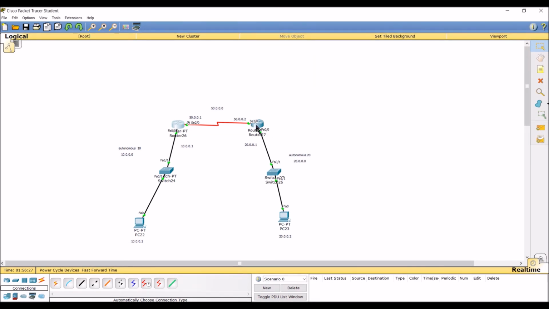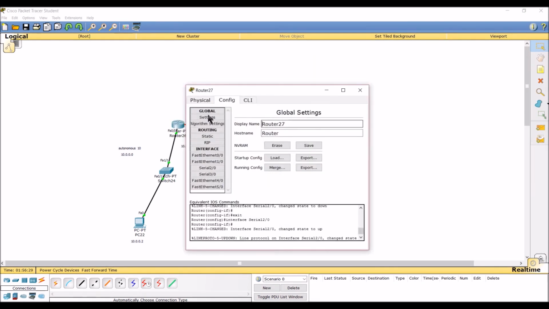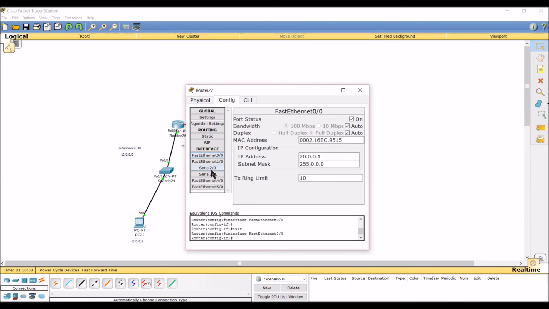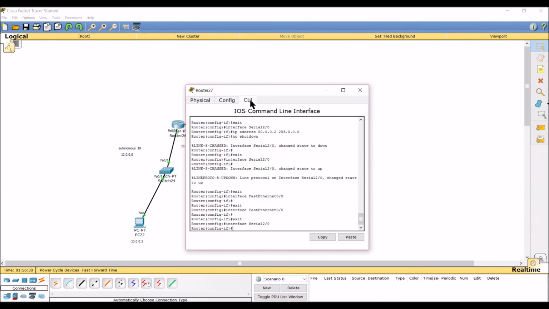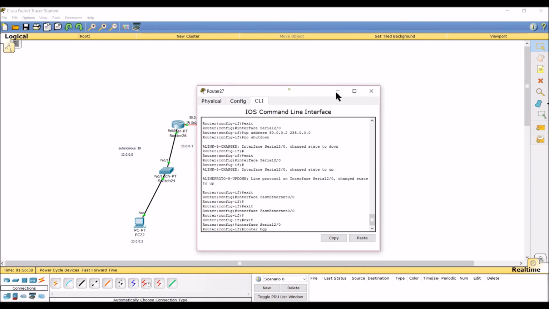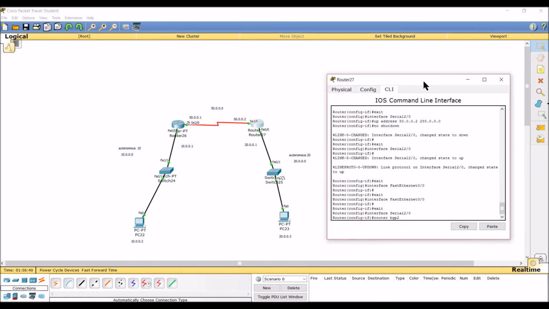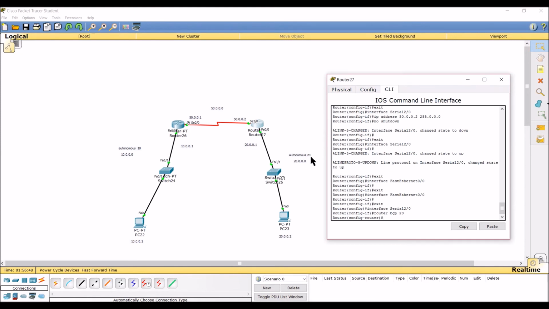Now let's configure this router. So this is correct. Okay, router BGP 20, as for this network the autonomous system number is 20. So we have used the command router BGP 20.